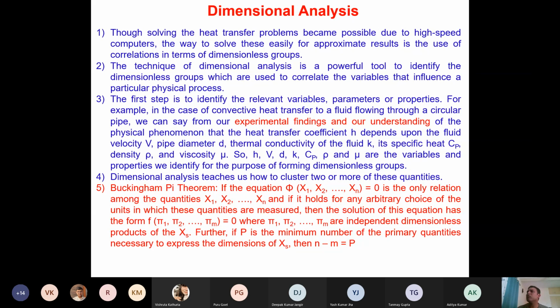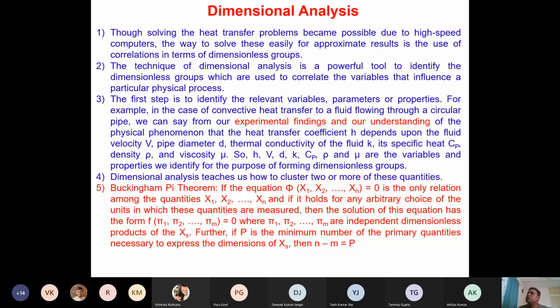What I'm trying to emphasize here is that dimensional analysis gives me, pinpointedly for a given system, if we have identified the relevant variables, parameters and properties correctly, a group of parameters and variables which are going to have an effect collectively on the heat transfer, isn't it?